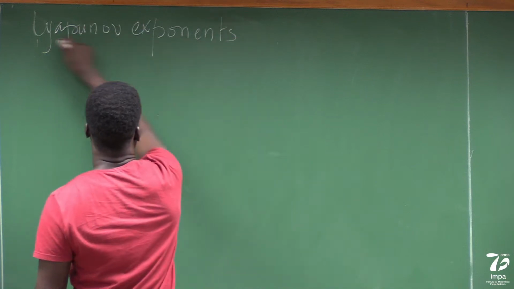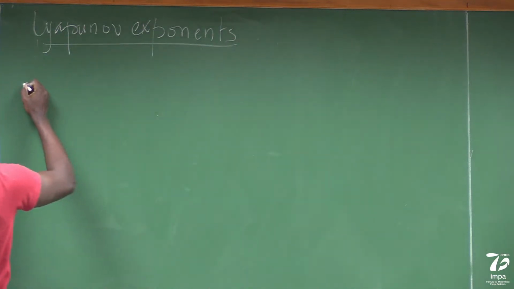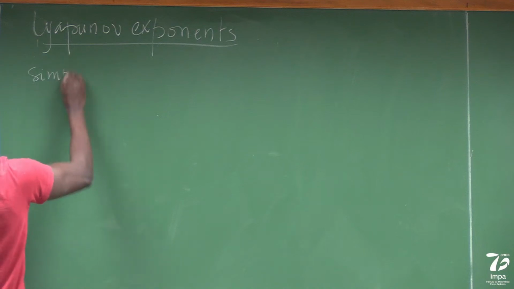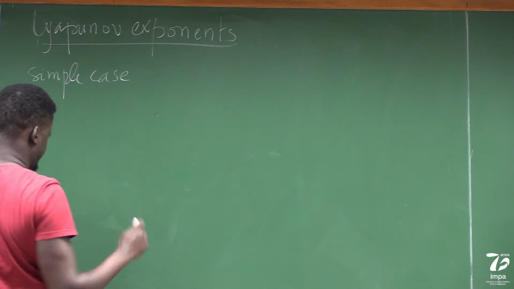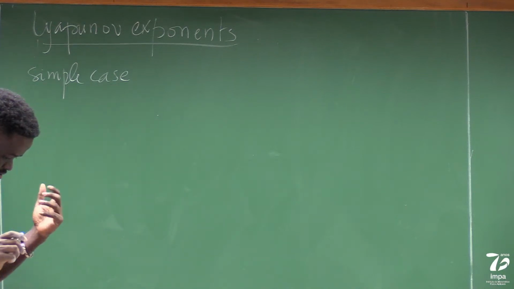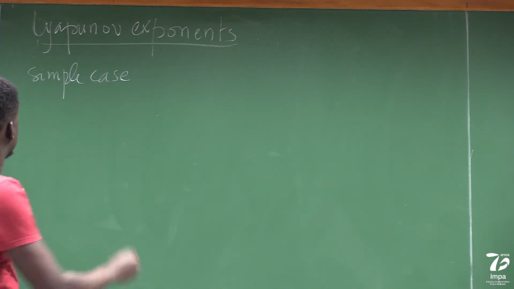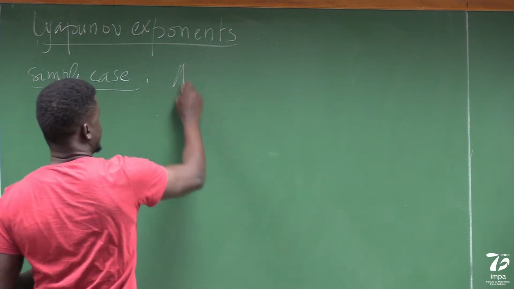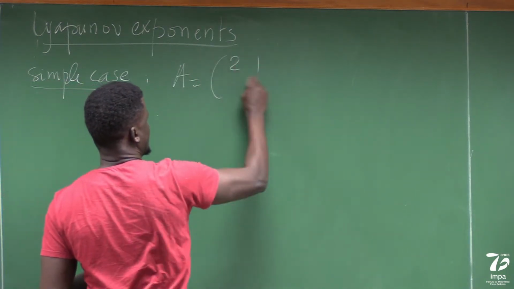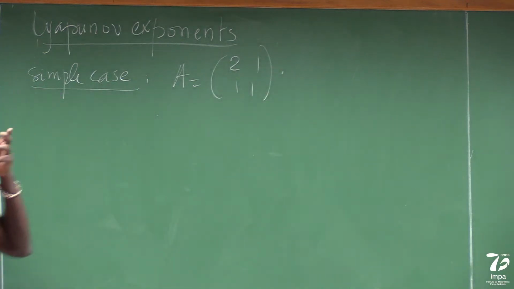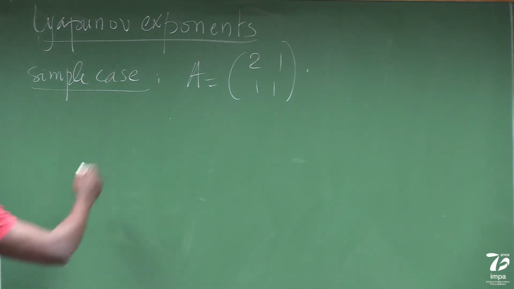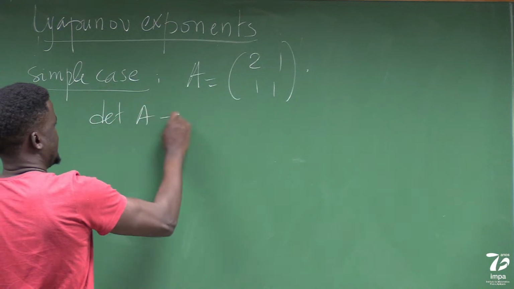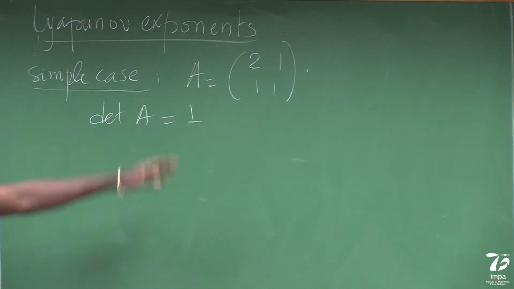Lyapunov exponents. Let's see the simple case of what I'm saying here. Let's take this matrix A, with entries 2, 1, 1. We know that the determinant of A is 1, and we have two eigenvalues.